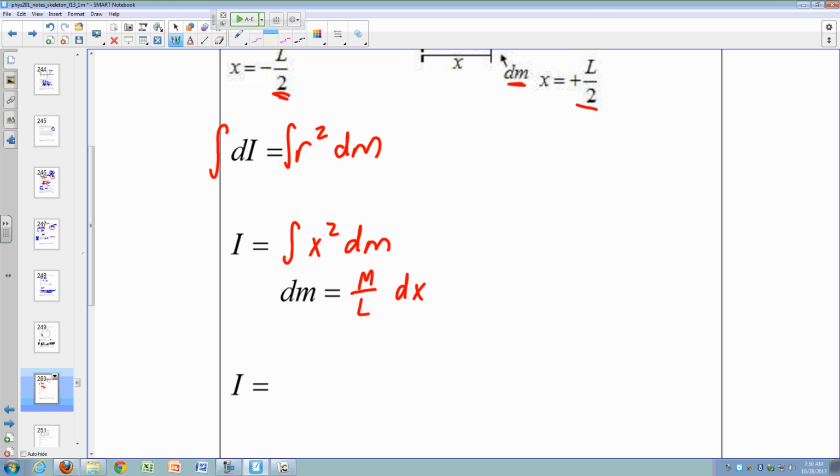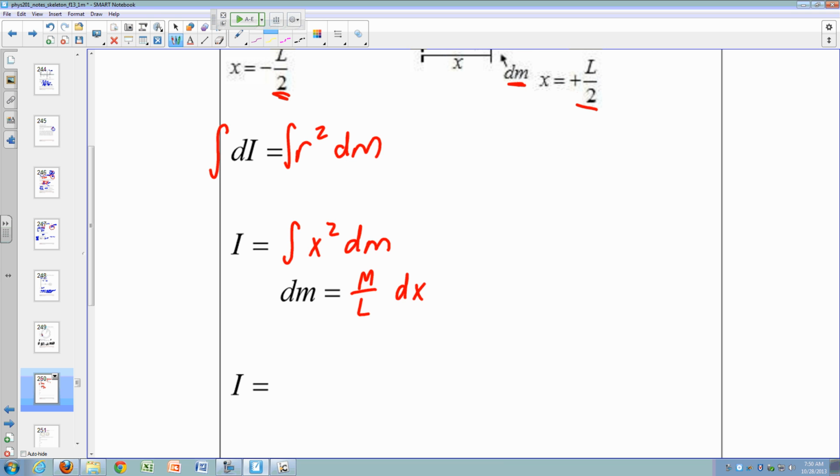This m over L, you might have heard this term before. This is like a linear mass density. It tells me how much mass per unit length I have. But if you're familiar with density, density is a volume density, which tells us how much mass per unit volume. But this is a linear mass density, and it just tells us how much mass per unit length. So this is the tricky part on all of these, and once you get this, it follows pretty easily.